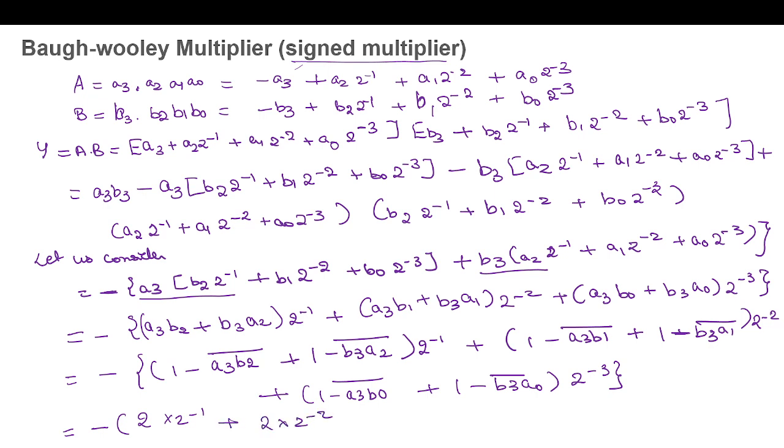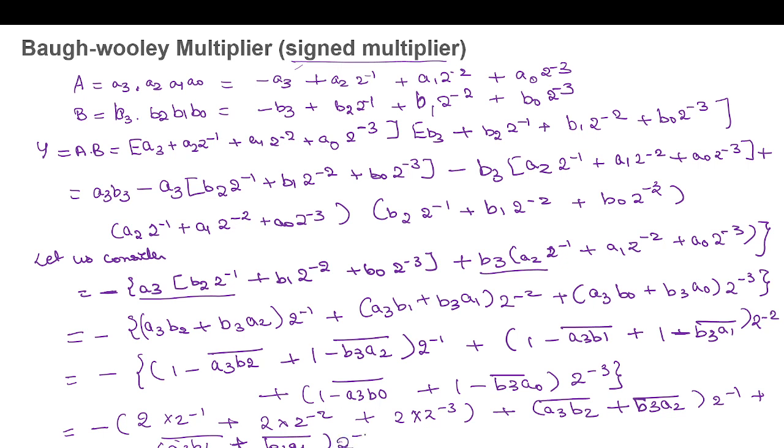Again 2 into 2 power minus 3, plus A3, plus terms which are this term with minus 1 plus 1 by 2 plus 1 by 4, which is minus 7 by 4.